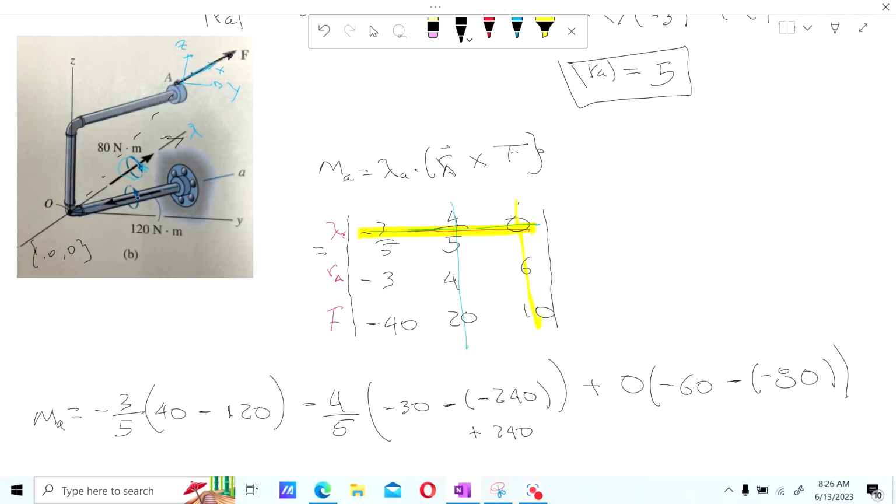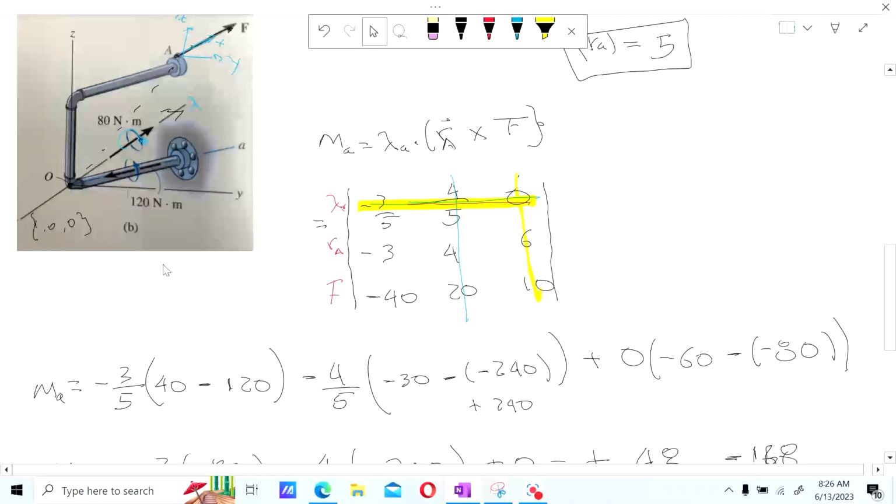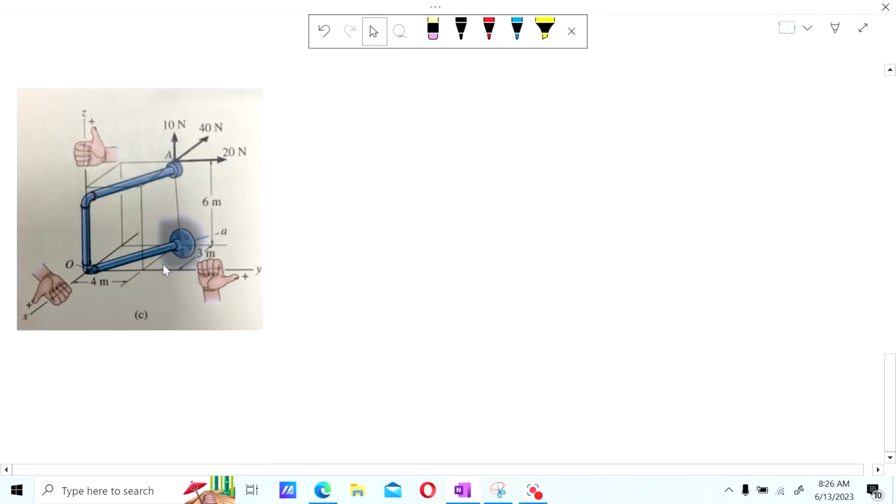I think there's a typo here. There should be clockwise. Clockwise 120 newtons per meter. Oh, no, this is correct. This is correct because the way we know the direction is using the right hand rule.